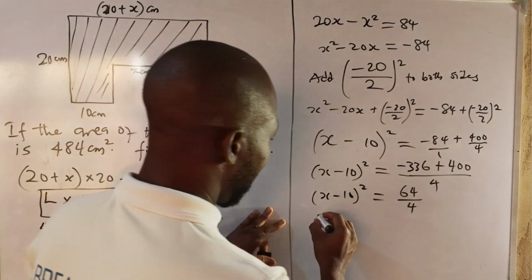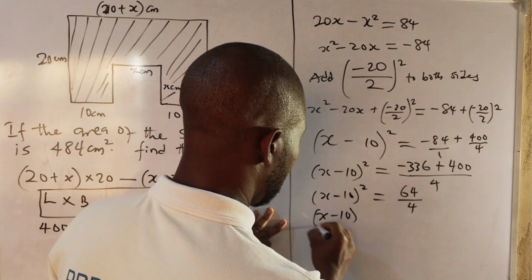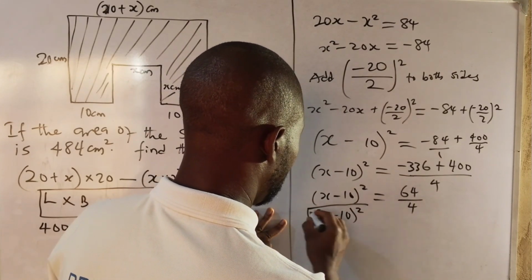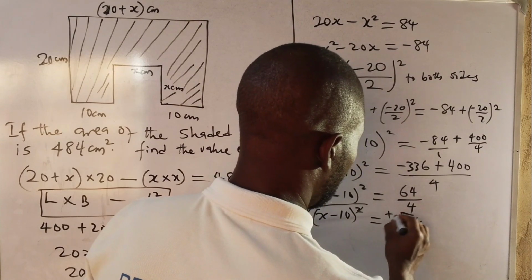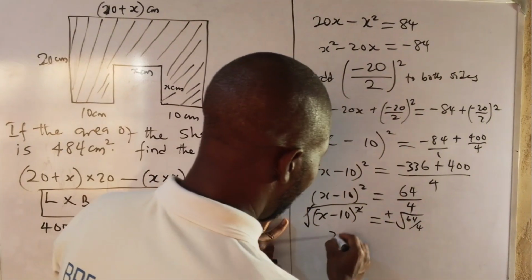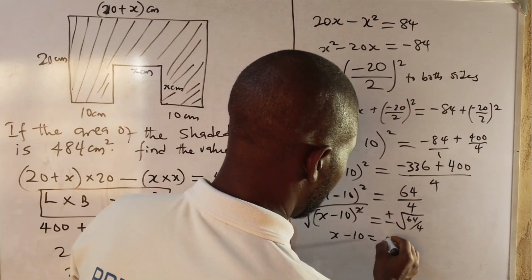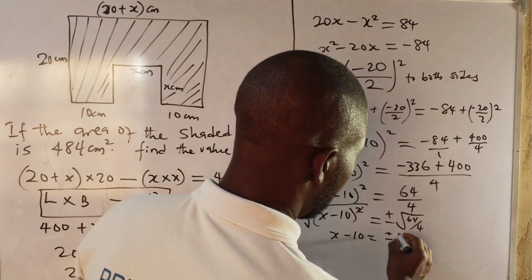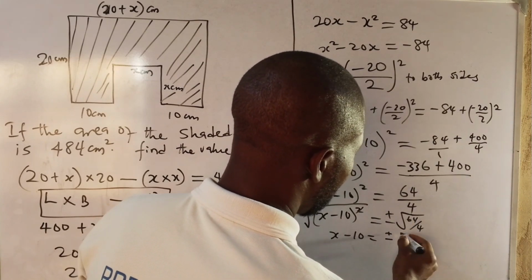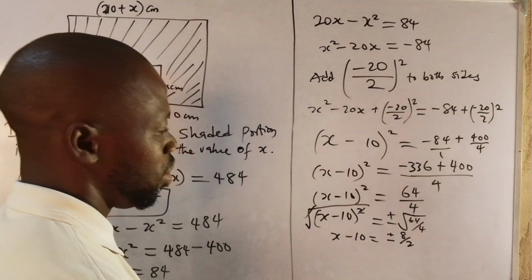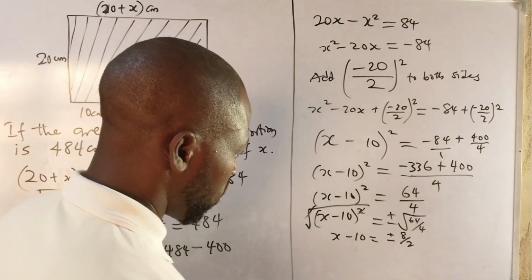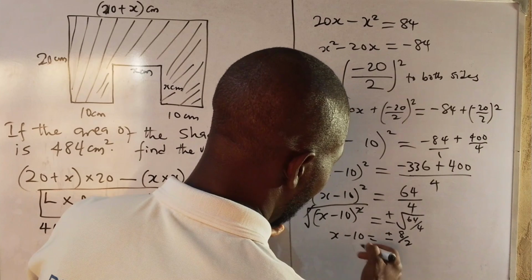Find the square root of both sides. You have x minus 10 squared, the square root, is equal to plus or minus square root of 64 over 4. So x minus 10 is equal to plus or minus the square root of 64, which is 8, over 2, because the square root of 4 is 2. Add 10 to both sides.